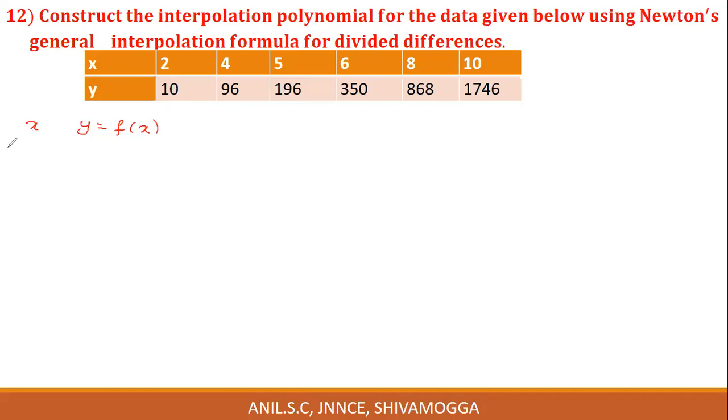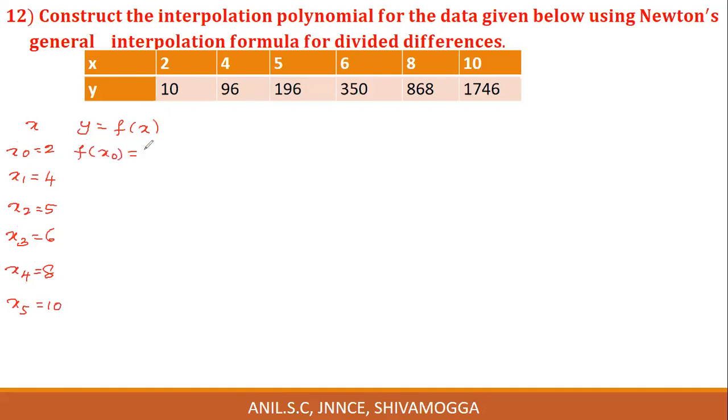Here x naught is equal to 2, x1 is equal to 4, x2 is equal to 5, x3 is equal to 6, x4 is equal to 8, and x5 is equal to 10.